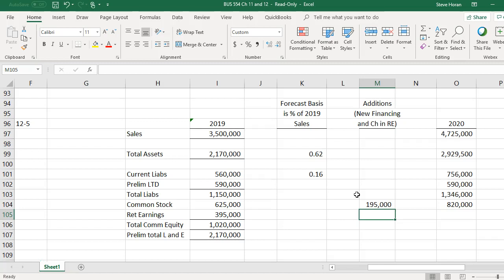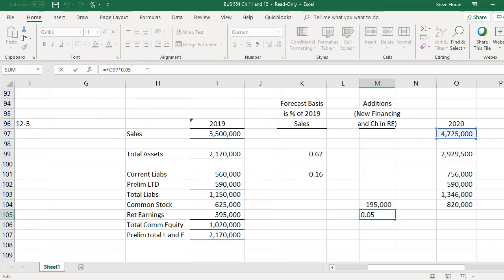What we do is we take net income, and net income would be based on the new sales number, $4,725,000. We multiply that by the profit margin of 0.05, and that would be my increase to net income, $236,250.